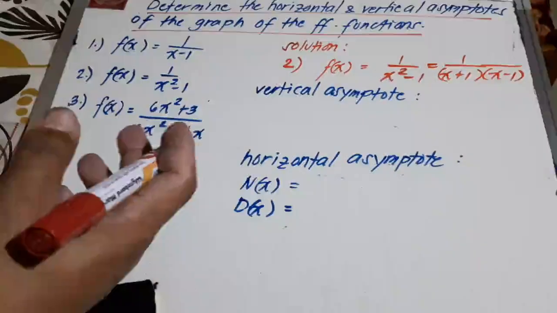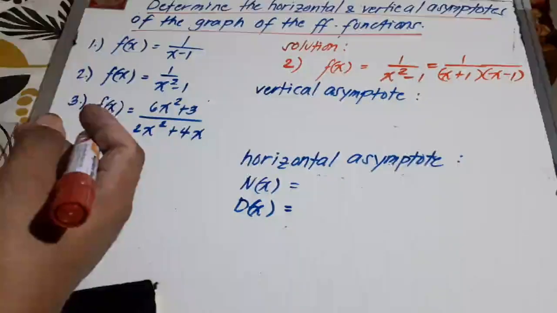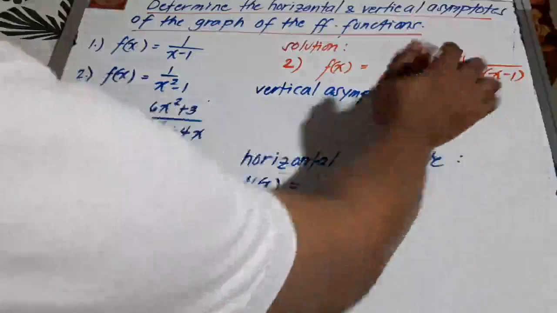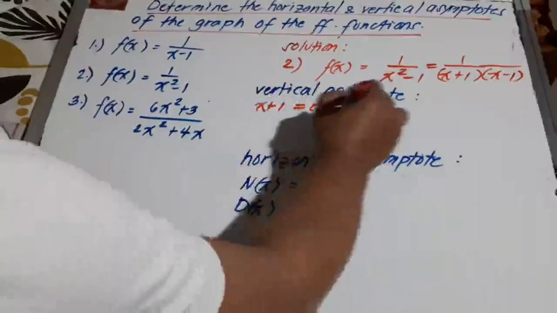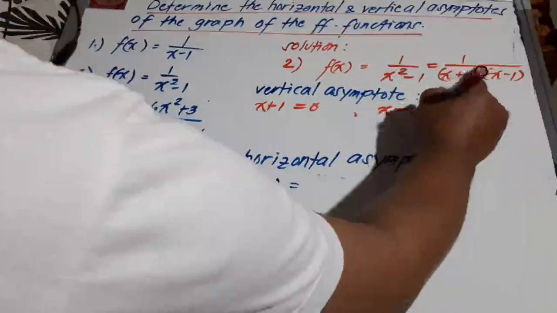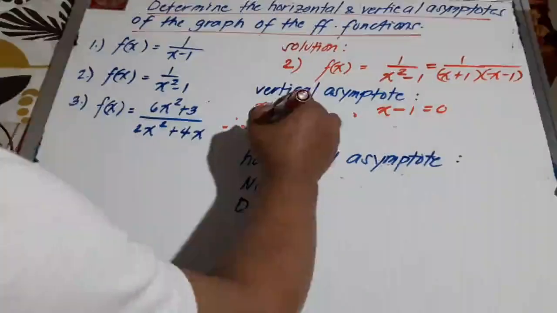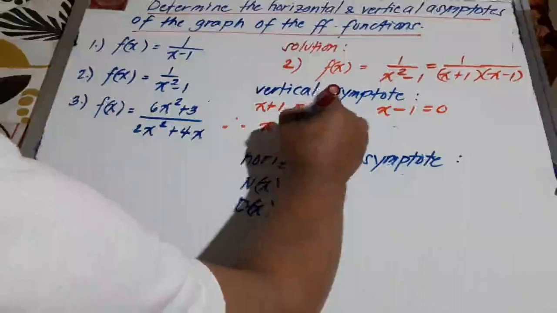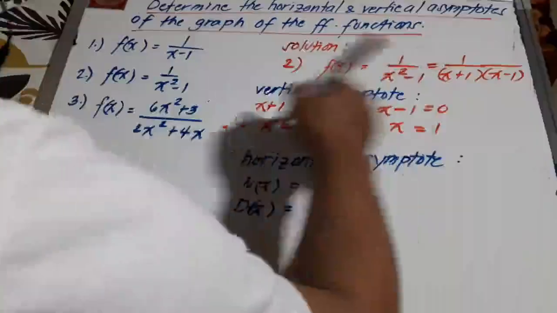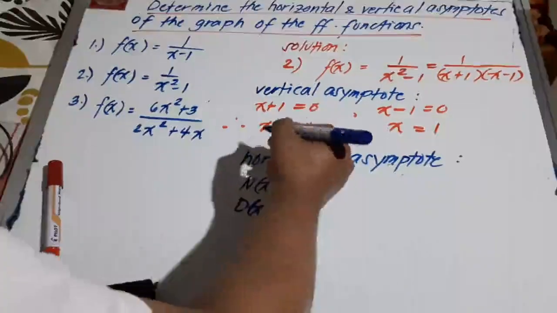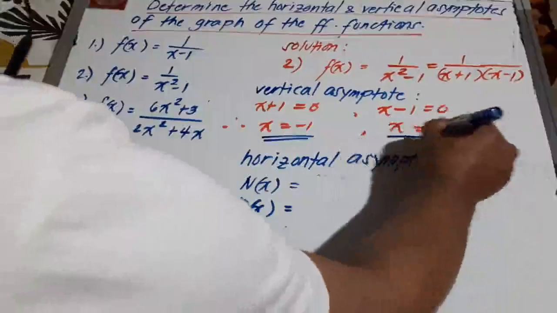The vertical asymptotes of this rational function will be x plus 1 equals 0, and the other one is x minus 1 equals 0. Therefore, the vertical asymptotes are x equals negative 1 and x equals 1. Okay? Yun ang kanyang vertical asymptotes.